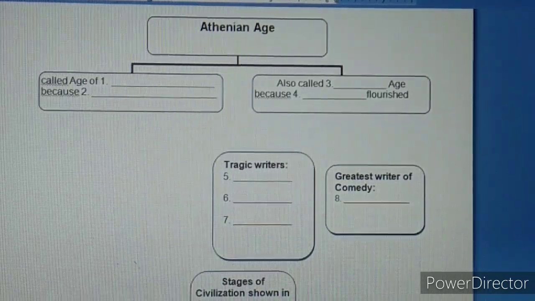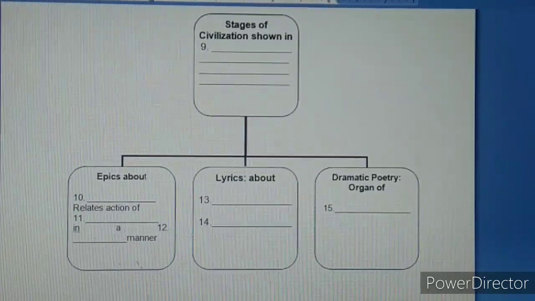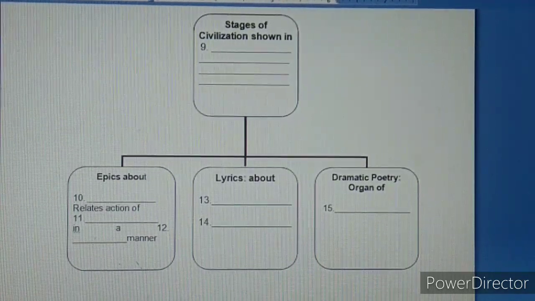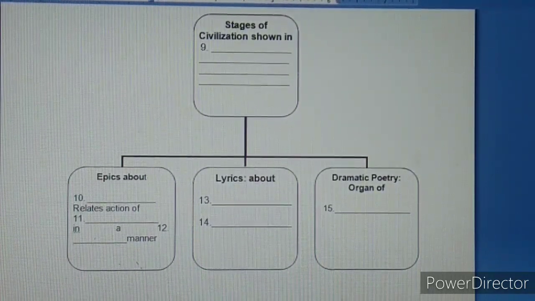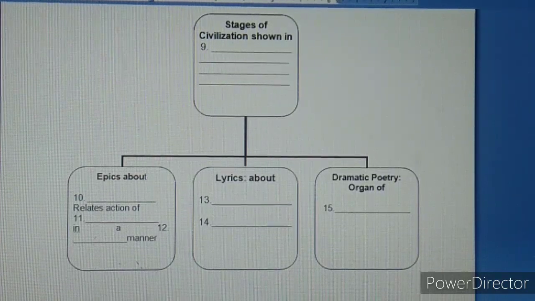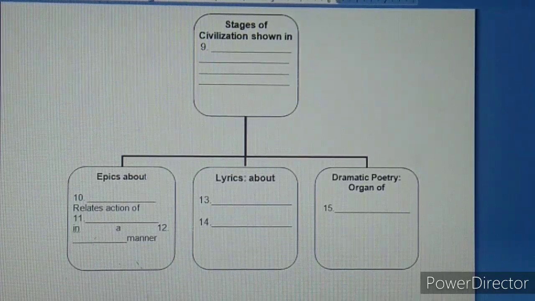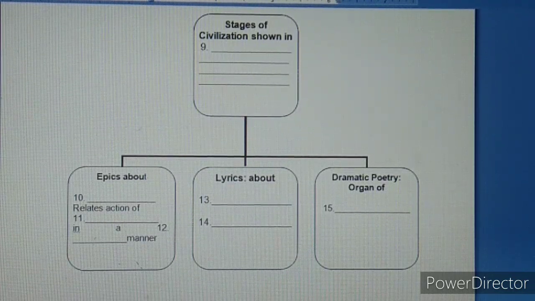Let's move on to number 9. Stages of civilization shown in 3 divisions of their poetry. The correct answer for number 9 is 3 divisions of their poetry. Now let's move on to numbers 10, 11, and 12. Epics about: number 10, adventure of epic hero.